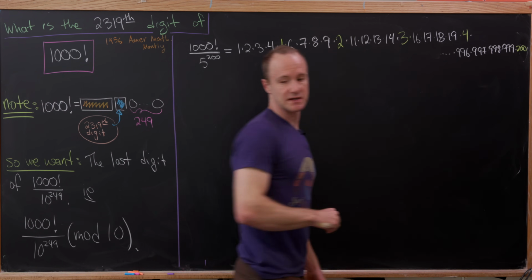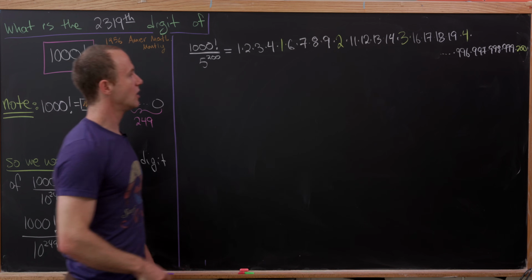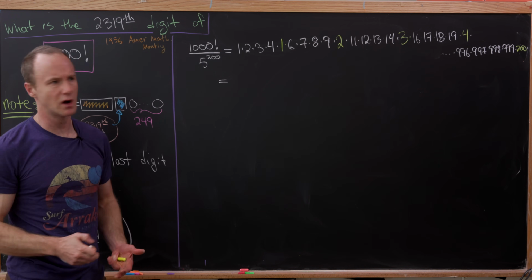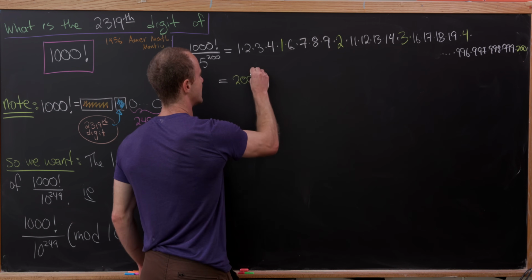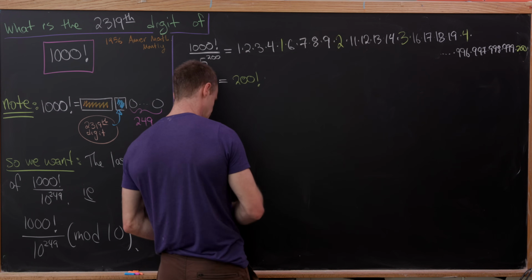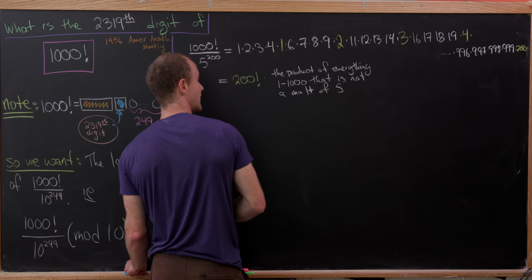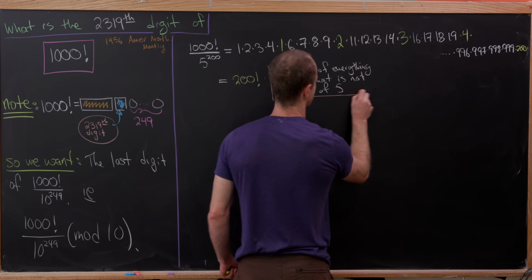Okay, great. So what does that mean? Well, now if we take all of those yellow numbers, notice that those are building up to have 200 factorial. So we'll have 200 factorial, and then times the product of everything between 1 and 1,000 that is not a multiple of 5.